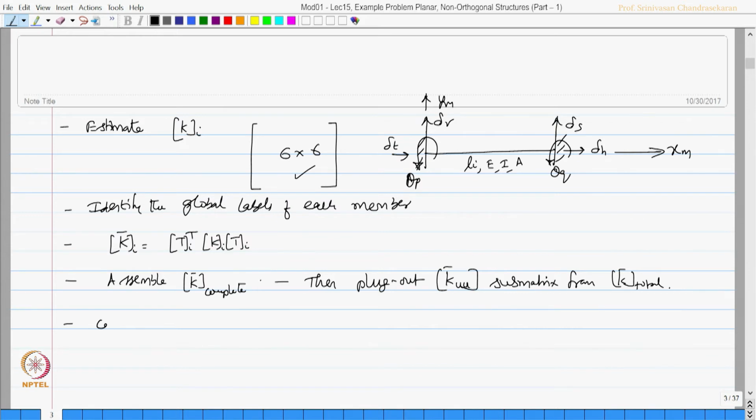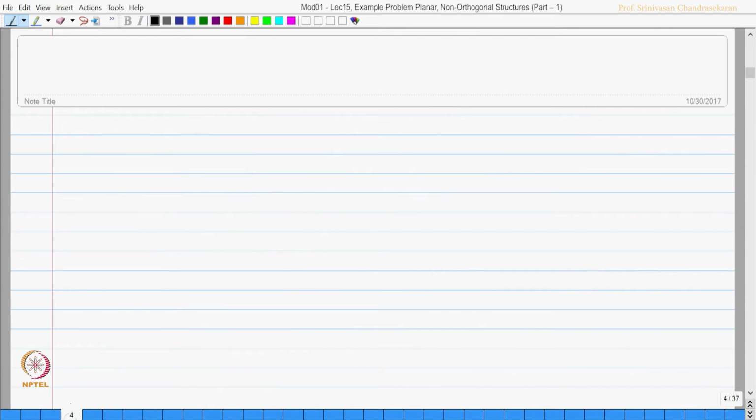Okay. Then compute the fixed end moments of the ith member in local axis, and find the fixed end moment of the ith member in global axis, which will be T transpose of the ith member times the fixed end moment of the ith member. Once I have this completed, then estimate the joint load vector in global degrees of freedom for the complete structure.